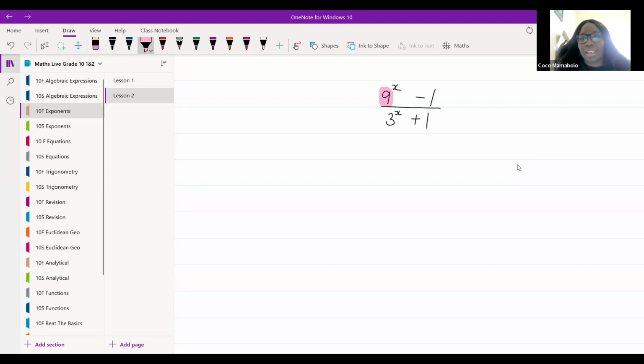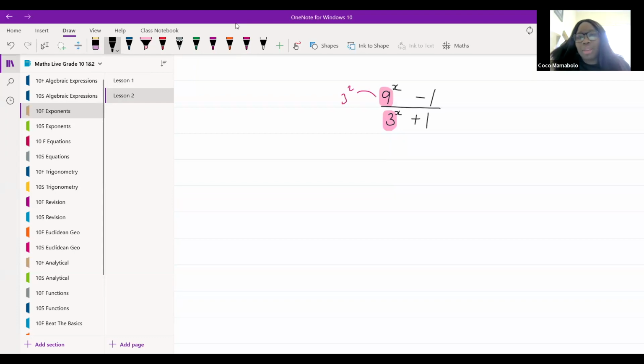This is a 9 and this is a 3. I do know, however, that I can change one of them to have a base that looks like the other. Which one can I change? The 9. Good, I can change the 9. How else can I write the 9? 3 to the power of 2. Good. I can write this as 3 to the power of 2.